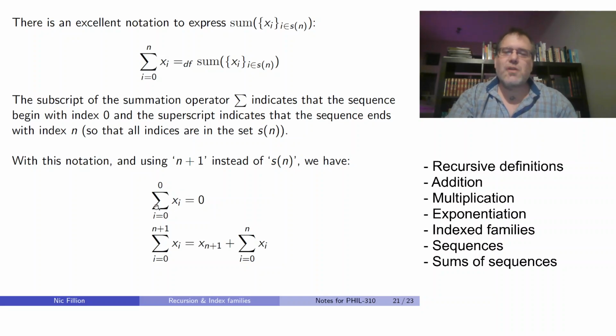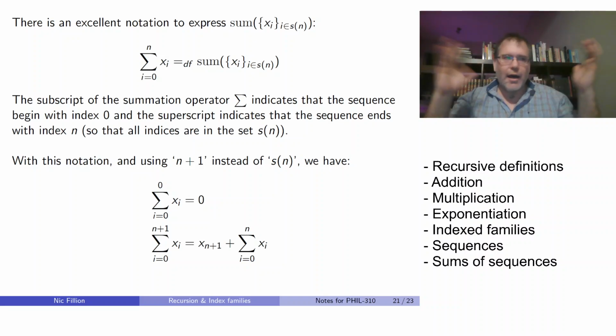What is the summation of all the xi from i equals 0 to n equals 0? Right? So what does it mean to add up 0 elements? That's weird. That's very weird. But if you think of it as adding all the elements in a sequence of length 0, then it makes sense.